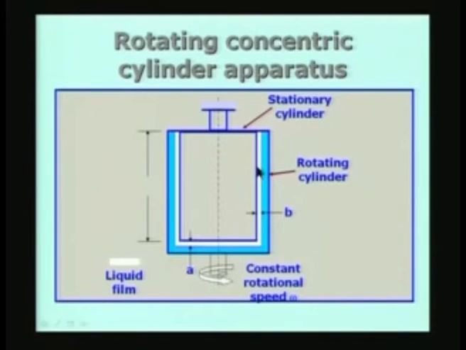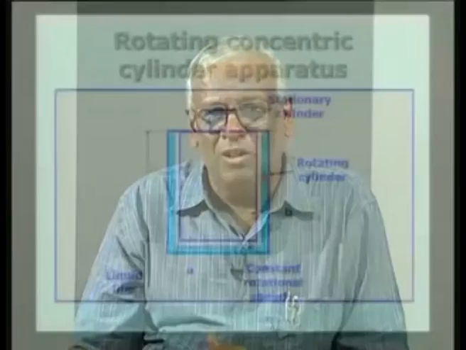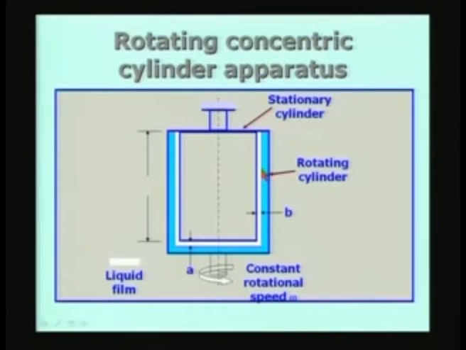That means that the velocity varies from 0 to the maximum in a linear fashion. When you have a linear velocity profile, the shear stress is a constant, because shear stress tau is equal to mu du by dy. If du by dy is a constant because it is linear, that means that tau is proportional to mu. So, there is a constant shear stress which is going to be experienced by the stationary cylinder. Of course, the same shear stress will also be experienced by the outer cylinder in the opposite direction.